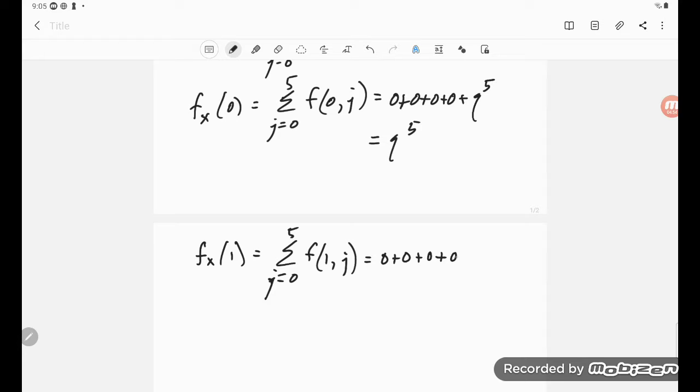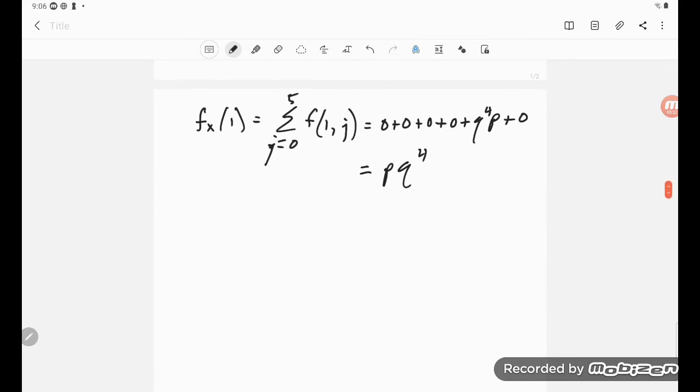Oh, I left a 0 off of here. I thought I was ready for a number, but that's how many I had up here. So this was actually a 0 here, plus all that. Now here we get our plus q to the fourth p, or p q to the fourth. And then for j equals 5, we get 0 again. So this just ends up being p q to the fourth.